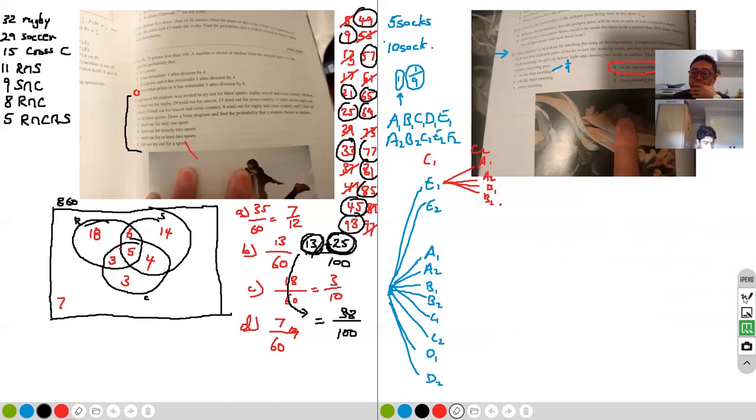So for this one, would you do it the same way as the last one? So it'll be 10. It will still be 10 factorial on the bottom, won't it? Because there's still 10 different combinations.